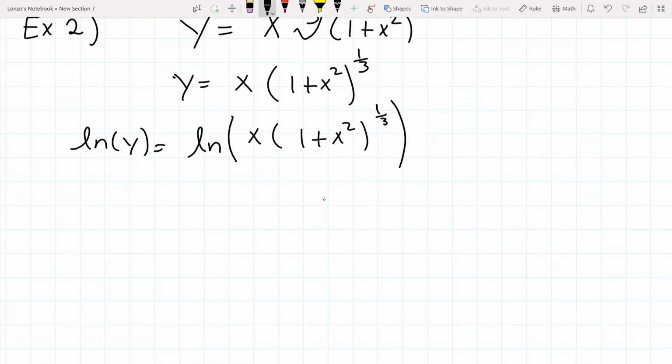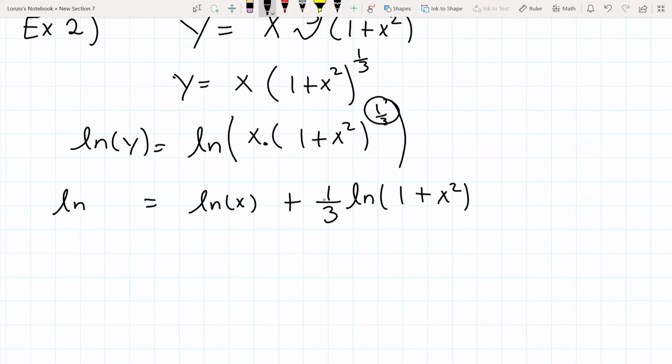So this would be ln of x plus, because we're multiplying, and then you have a power of 1/3, so you put the power in front of the natural log, so it's 1/3 ln of 1 plus x squared. Then this would be ln of y.